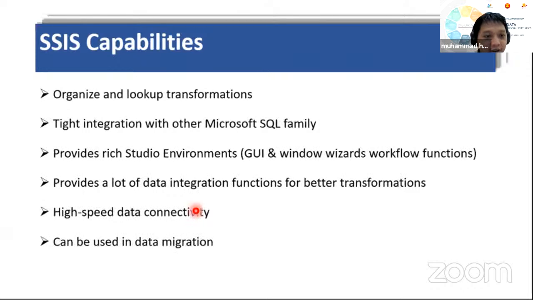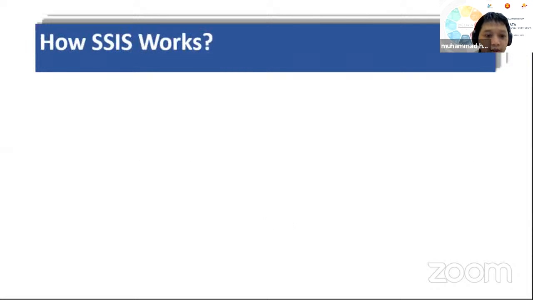Then tight integration with the other Microsoft SQL family, a rich studio environment, and then lookup, clean up, or masking, etc. Then the next capability is high-speed data connectivity, and the last one is that SSIS can be used in data migration.